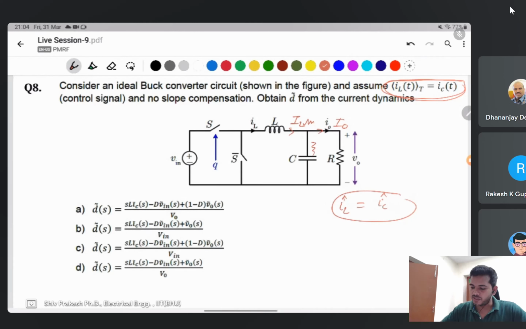The same ripple occurs, and the average of the inductor current is the same as the average of the output current. That's why the inductor ripple current is the same as the capacitor current.